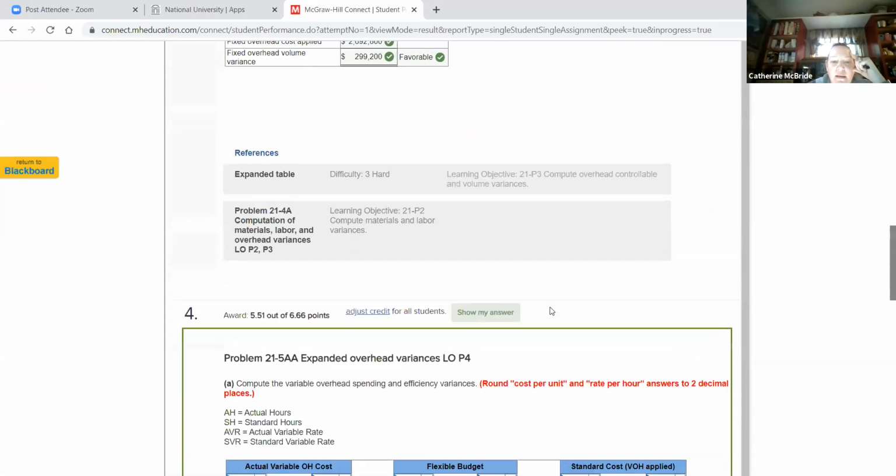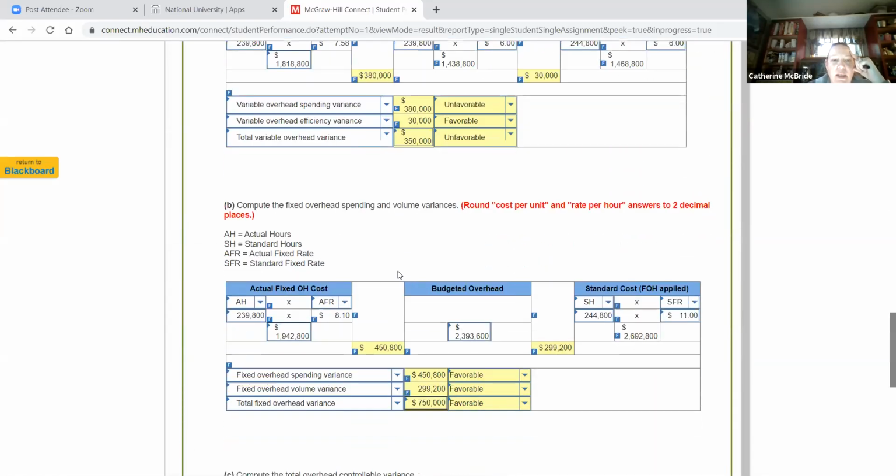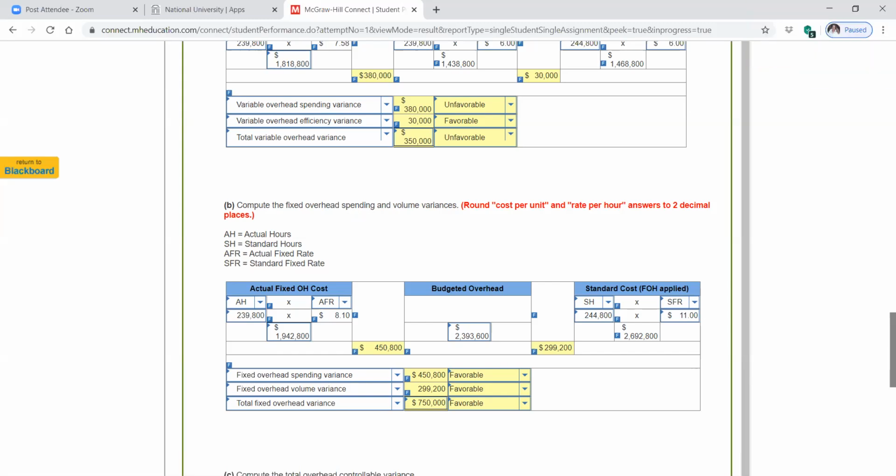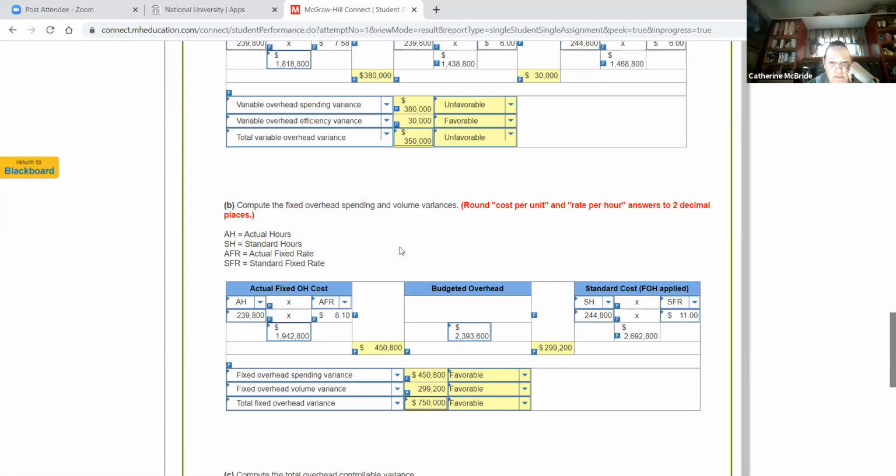So this one is fixed overhead. For this one, all we're doing is fixed. For B, fixed at 80% capacity.